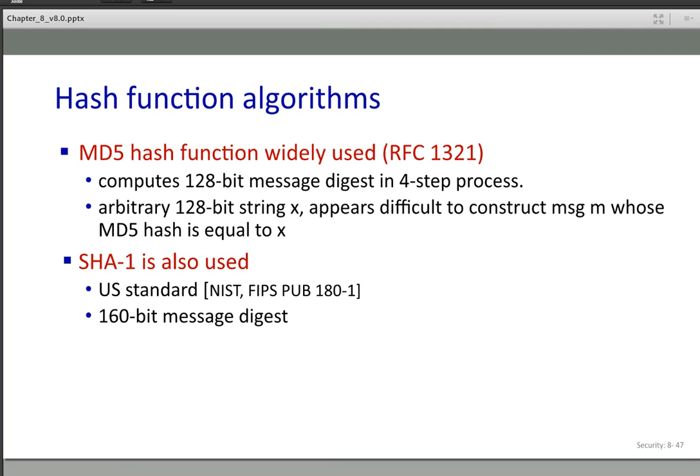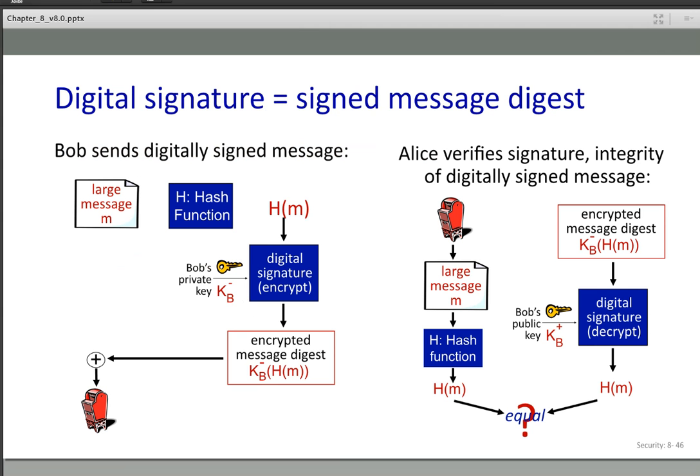Okay. During the last lecture, we talked about digital signature, and we showed that if you use a hash function here, we can find a hash key that comes from this stage, and then we can encrypt that hash key. Finally, the message is sent plus this encrypted hash result.